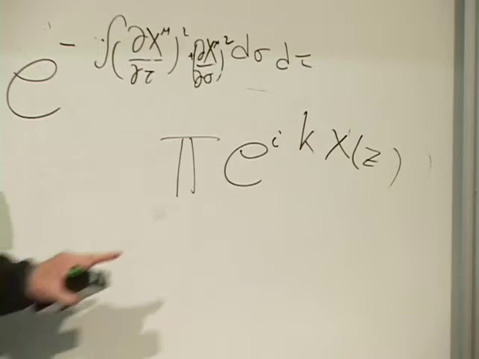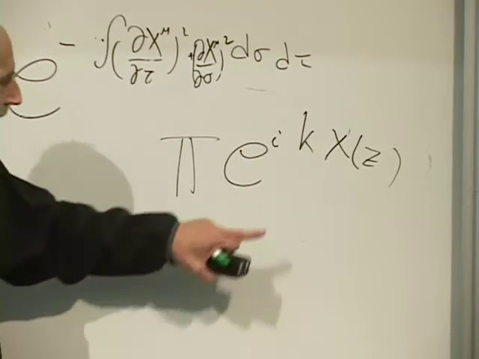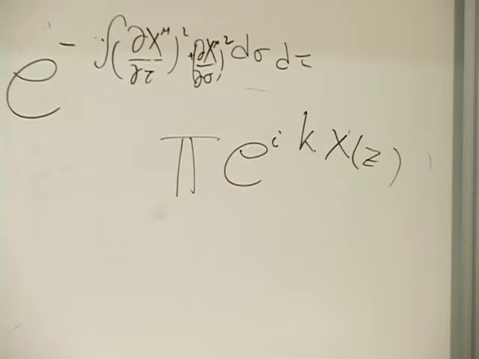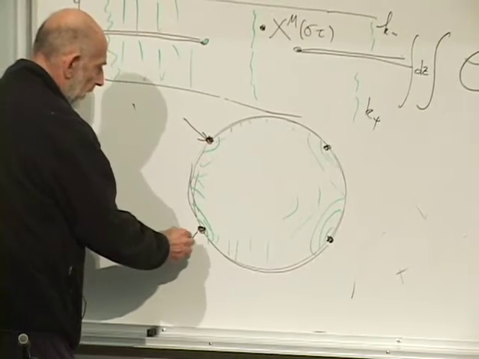One more thing goes in. It's a factor of e to the i k x, where k is the momentum of the particular particle that's coming in. So you have an e to the i k x1, and they're on the boundary. They correspond to particles being injected into the diagram like that.